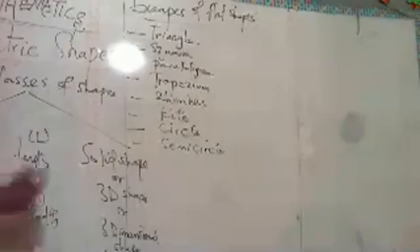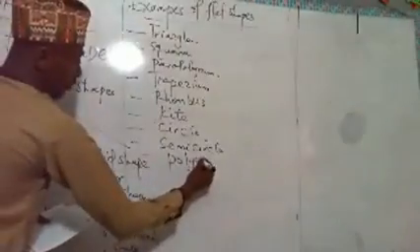All these are 2D shapes. We also have polygons.